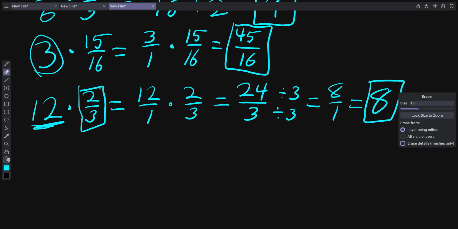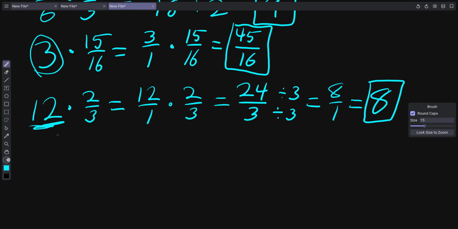And I want to show you something else. So let's say we had 4 and we multiplied it by 5 over 4. So this will become 4 over 1 times 5 over 4.